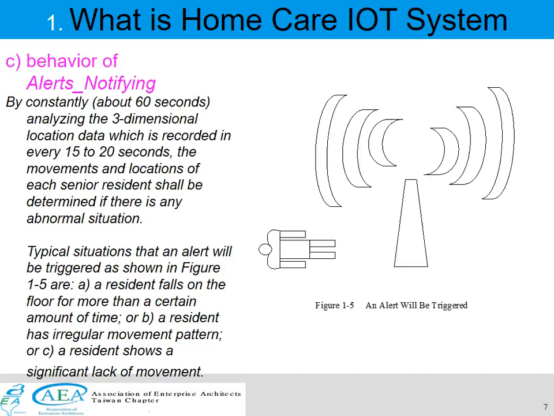Typical situations in which an alert will be triggered, as shown in Figure 1-5, are: A, a resident falls on the floor for more than a certain amount of time; B, a resident has an irregular movement pattern; or C, a resident shows a significant lack of movement.